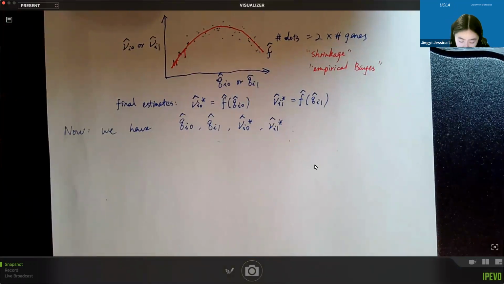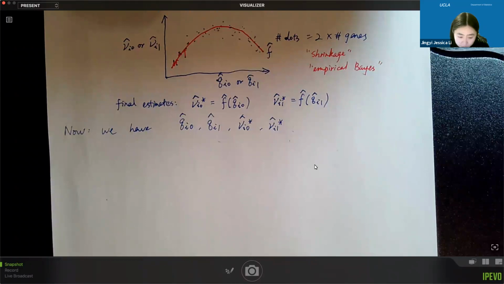Then the question is, how do we do the hypothesis test? To tackle the test, here is the testing procedure proposed by the authors. Let me present that first, and we'll discuss that.